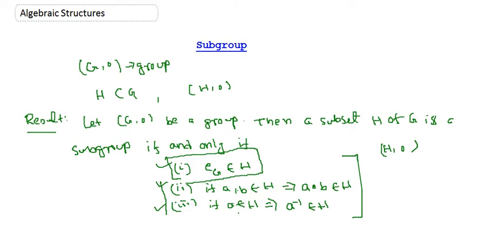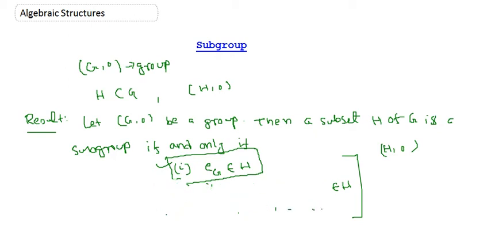Also, instead of the last two properties, somewhere you will find that they can be written as one property. So the first property stays, and from the second and third properties, instead of those two, you can use only one property.